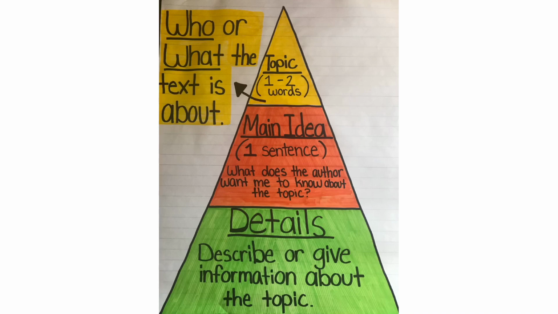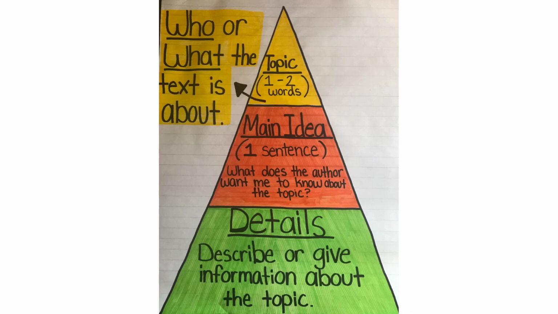Then, when you look at main idea, that's kind of in the middle, because that's going to be a little bit longer. Because instead of 1 to 2 words, now you're looking at one whole sentence. And then as you can see at the very bottom, we have the details. That's the biggest portion, because when trying to prove your topic or main idea, you will need a lot of evidence to support it, which is why details is the biggest portion.